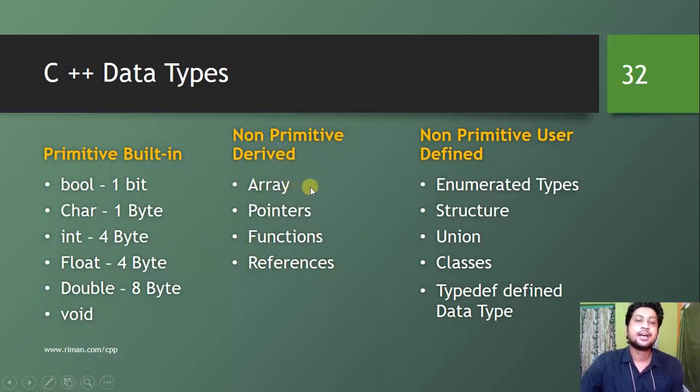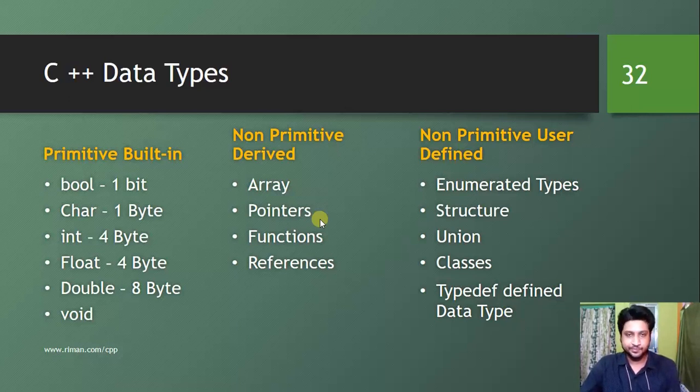Arrays are a collection of similar type of data. It can be an integer array, a character array, a float array, a double array, something like that. It can be an array of booleans as well. Pointers are used to store the address of another variable.